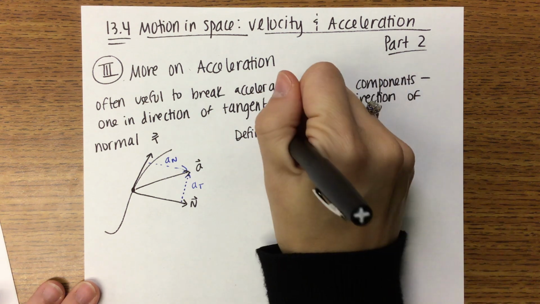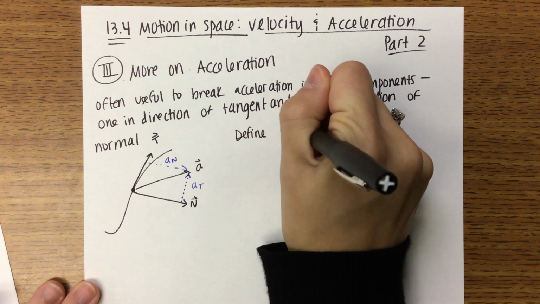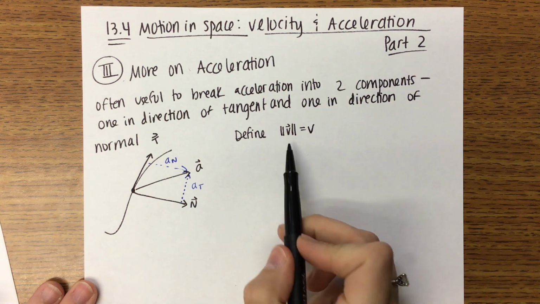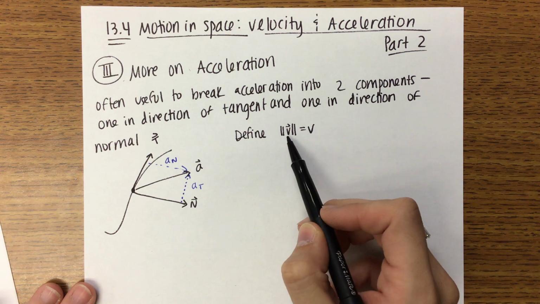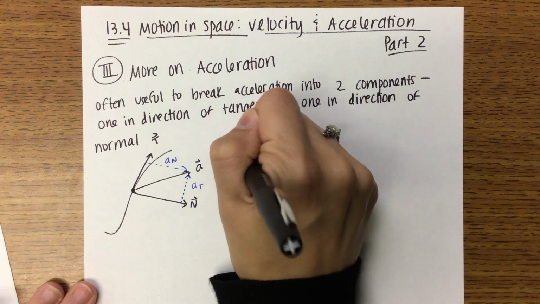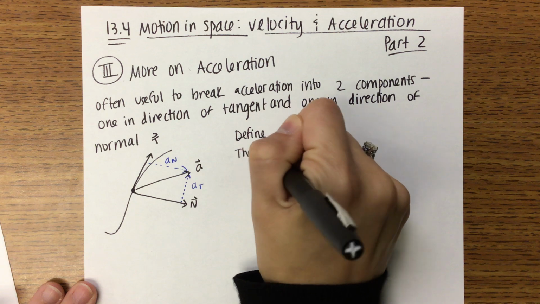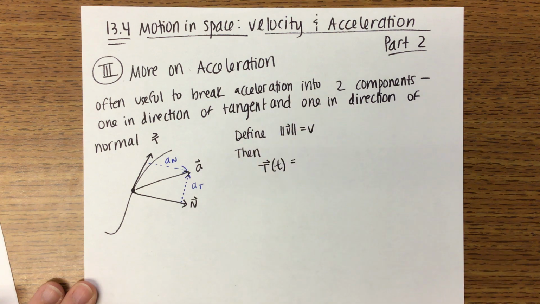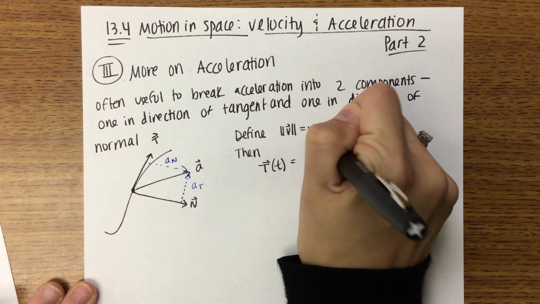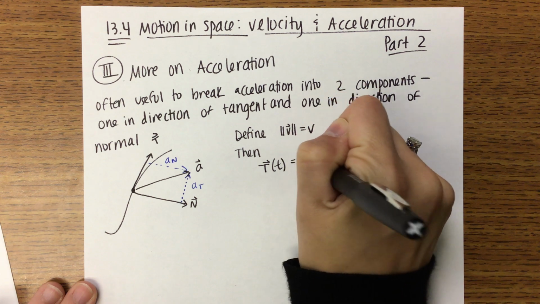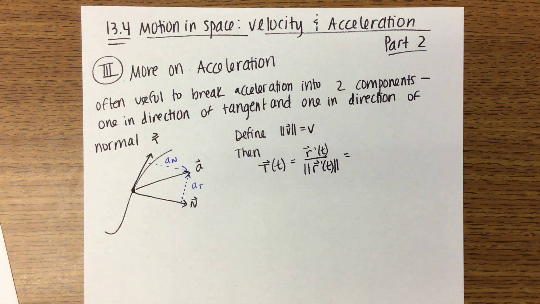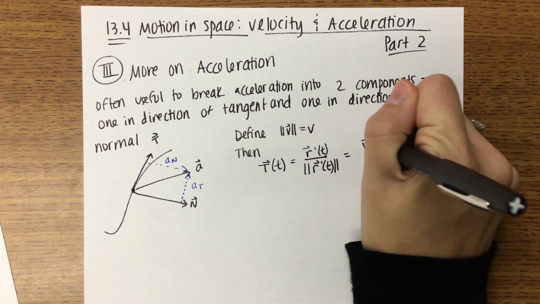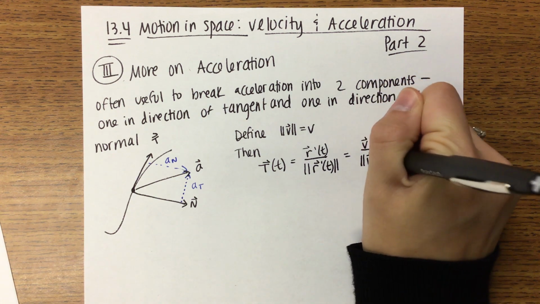First thing that I want us to know is that I'm defining the norm of v to just be v. I don't want to keep writing out the norm of v, so anytime you see me write v, I really mean the norm of v. Okay, so our unit tangent vector is r prime of t over the norm of r prime of t. That's the same as velocity divided by the norm of velocity.